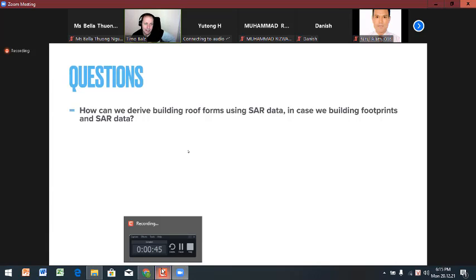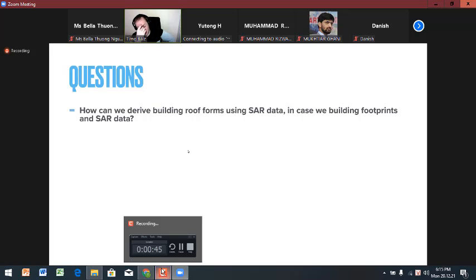The signal may be reflected away. Because you have a side-looking system, you may only see one side of the roof. That would be rather common. If you have a gable roof building, you probably just see one side of the roof. Anyway, so that's going to be difficult.